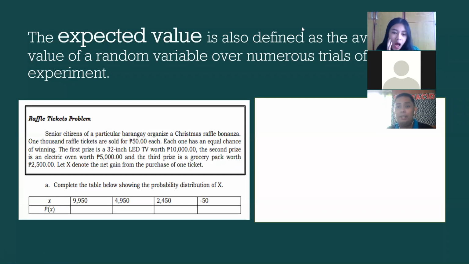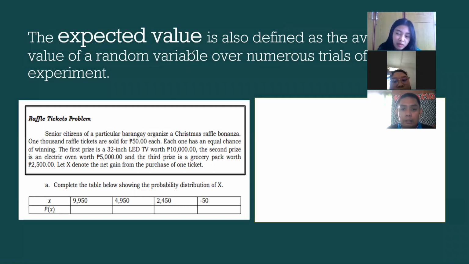Gets po? Okay. Ano ang probability na makukuha mo to? Your probability is 1 over 1,000. Tama? Ngayon, ang probability na makuha mo yung second prize is 1 over 1,000 din.